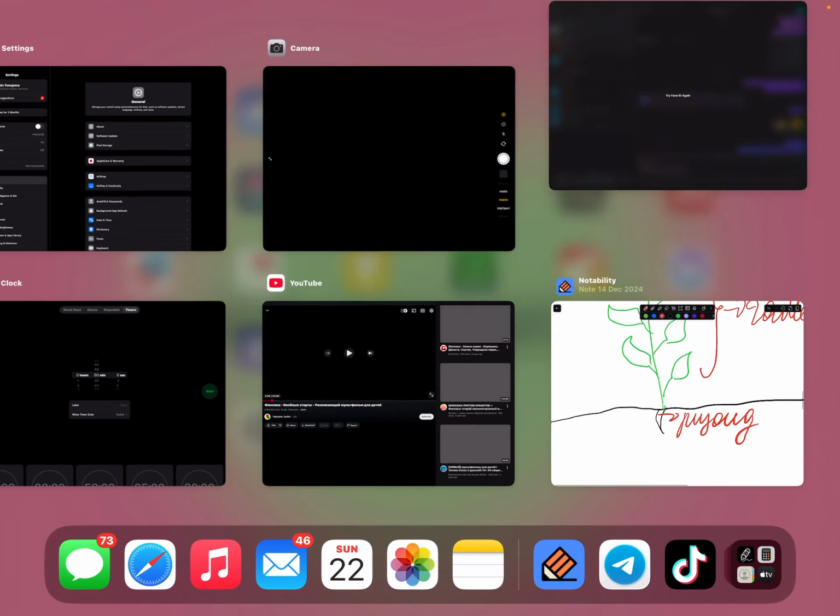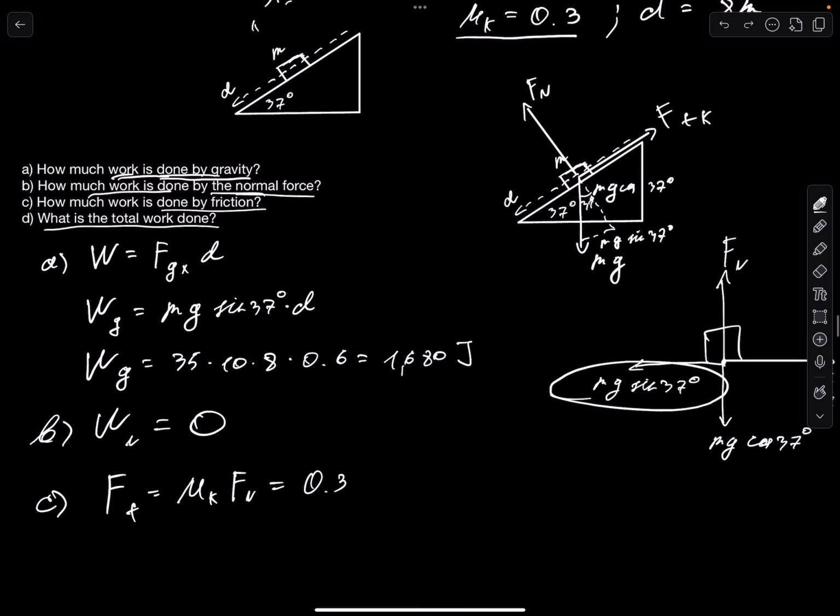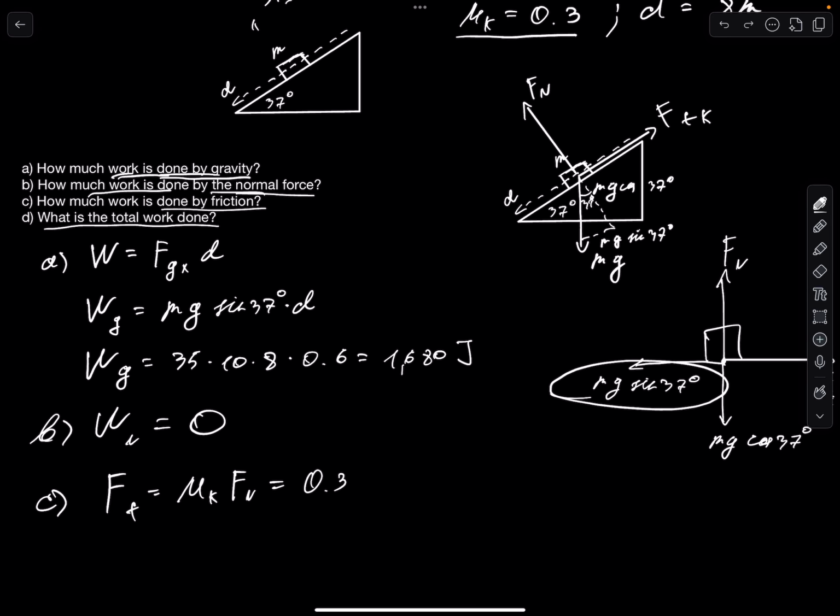Oh gosh, I am really sorry. So 0.3 times m is 35, g is 10, cosine 37 is, I am pulling out my calculator, 0.79.